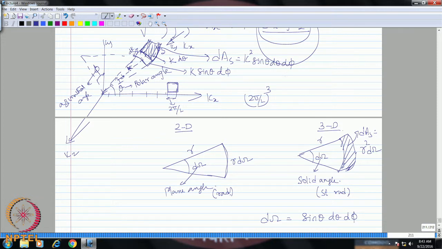So, that is what we have written here, r square is nothing but your k square here, okay. So, if you want to calculate the volume, we have k square sin theta d theta d phi times dk, right, that is the volume.